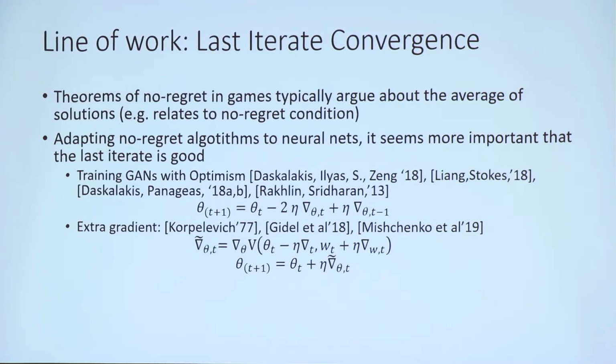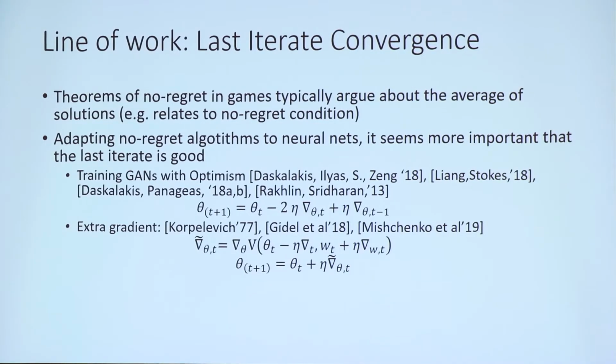Similarly, people in these papers adapted Adam to augment it with an extra gradient step, and you would see improvements in performance with respect to the scores that people are using out there when you make these modifications. So these are some theoretical results that also have some improvement in practice, but of course it's not that they really solve the problem.